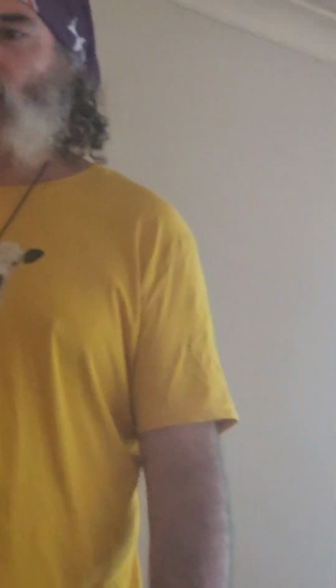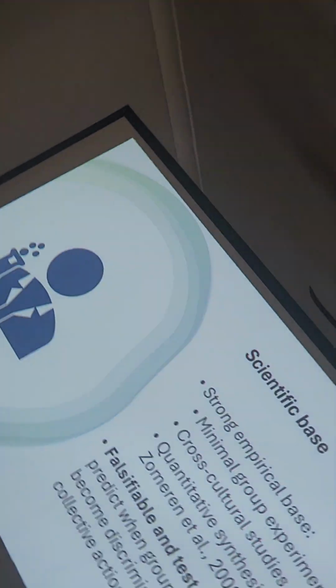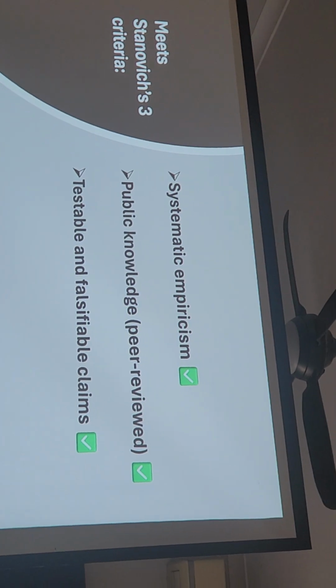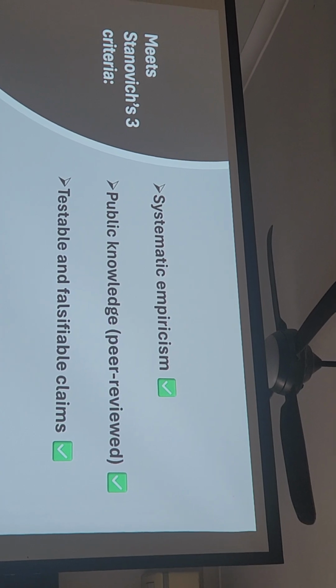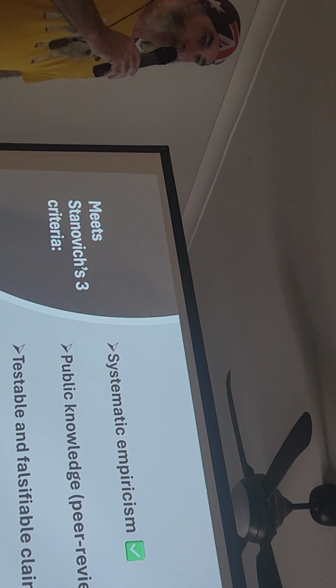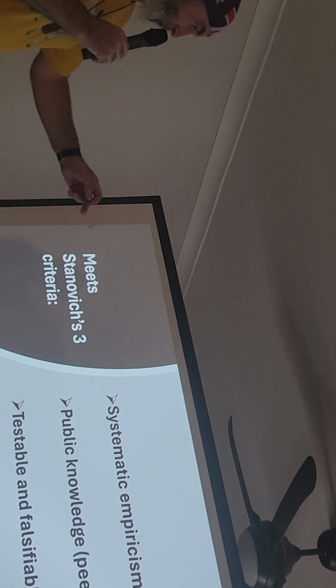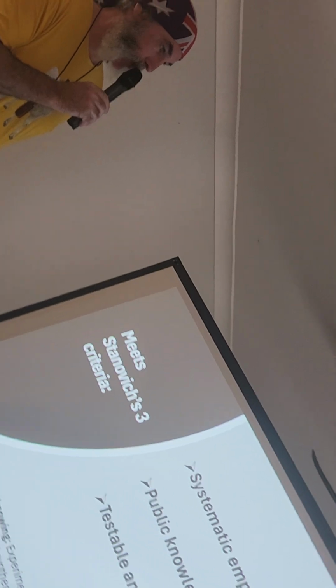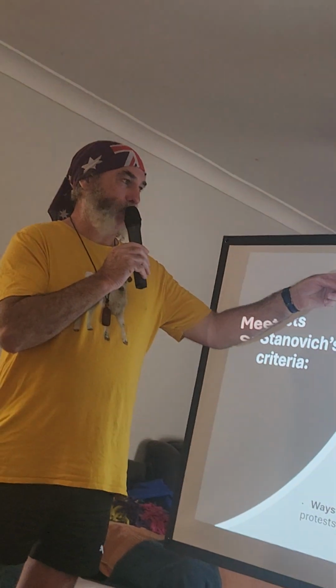You can predict when group behaviour will become discriminatory or lead to collective action. The scientific approach we talked about this teaching period was Stanovich's criteria: systematic empiricism, public knowledge and peer-reviewed research, and testable and falsifiable claims.